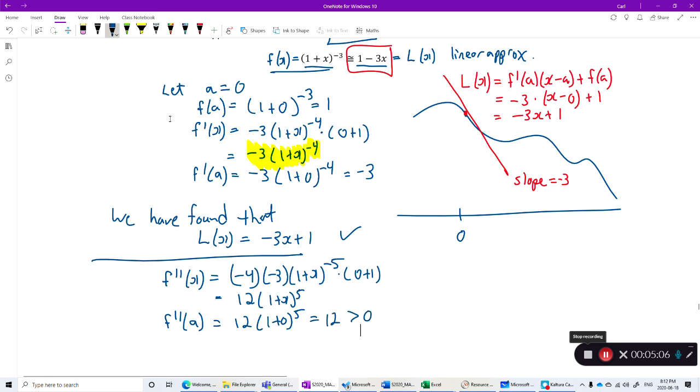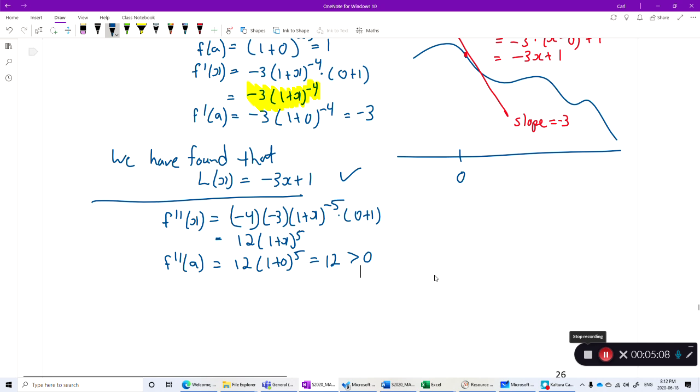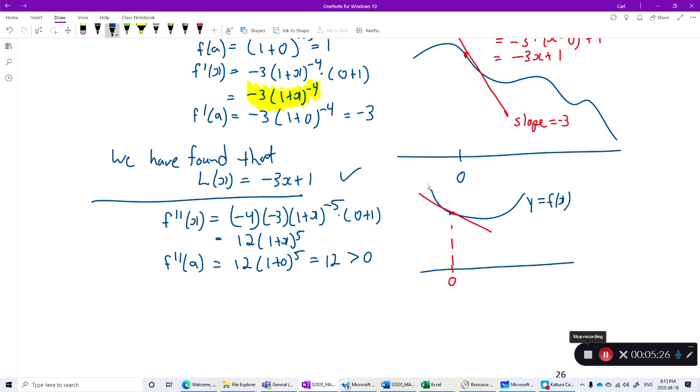So that means a better sketch would be that the graph looks concave up. And then the tangent line here is going to be beneath it. This is at 0. So what I know is that the function is always a little bit above the tangent line.